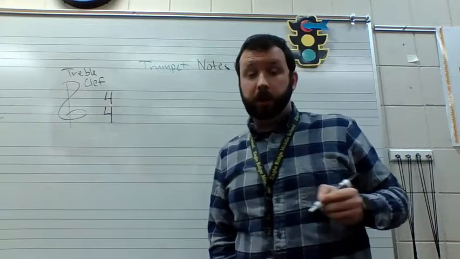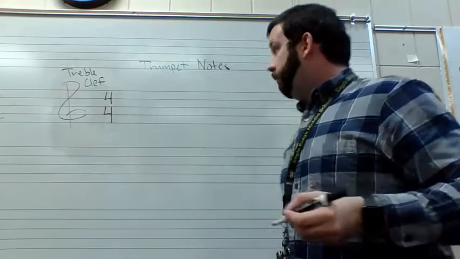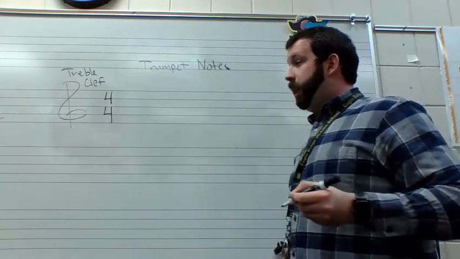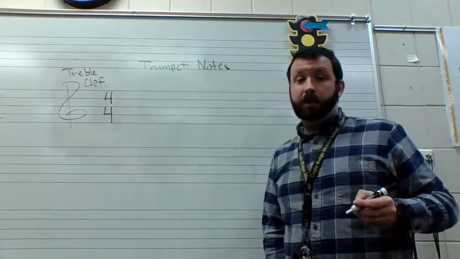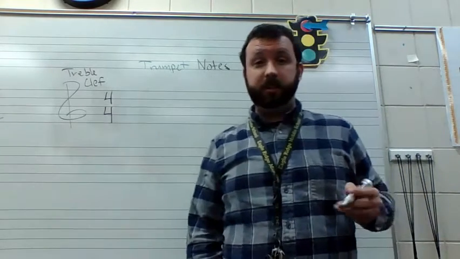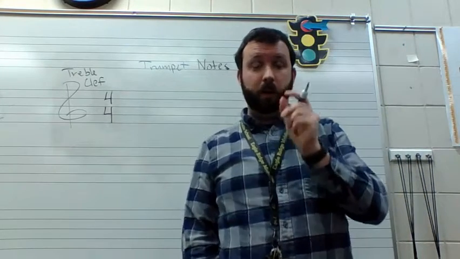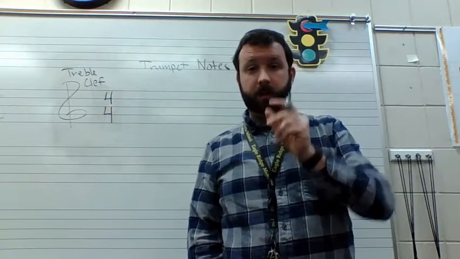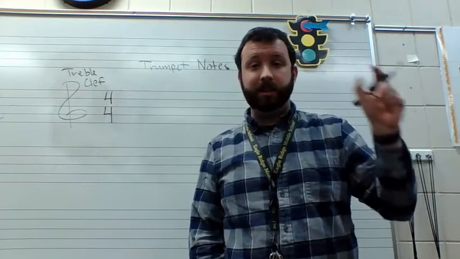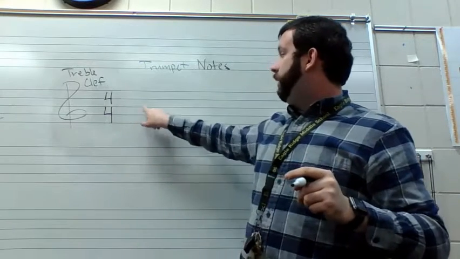So for trumpets, we're going to use a sentence to remember the lines of the staff. The first letter of each word in the sentence is one of the 5 lines of the staff.